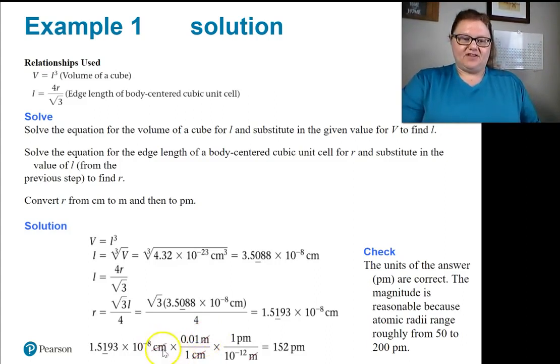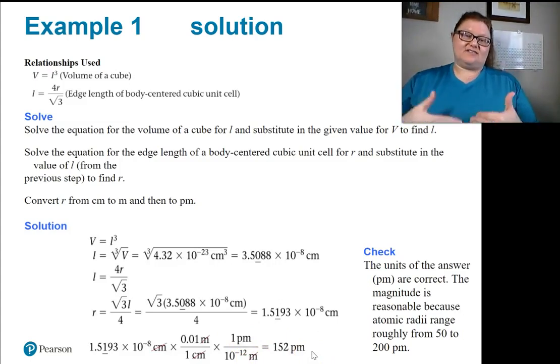And so we have the centimeters on bottom to cancel. We're left with meters. We want picometers. And so the relationship there is that it's really small. A picometer is 10 to the negative 12th of 1 meter. So we arrange that appropriately to cancel our meters out, be left with picometers, and we get 152.